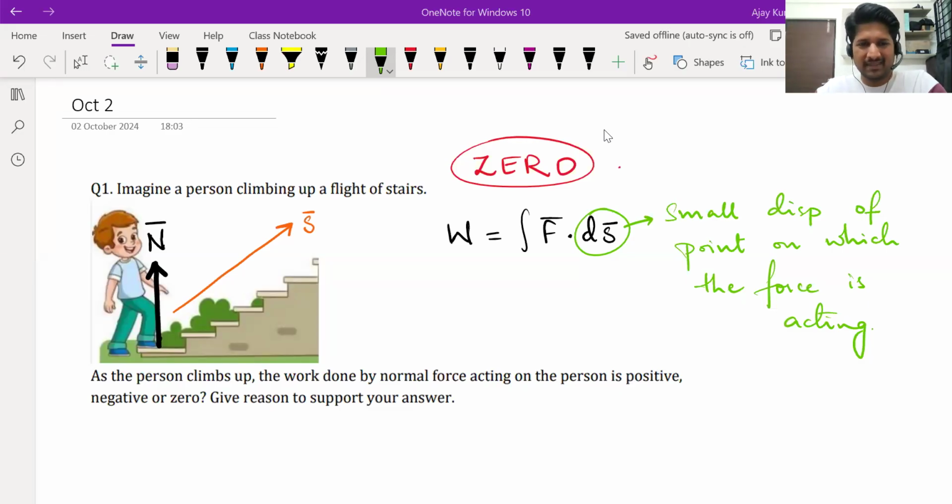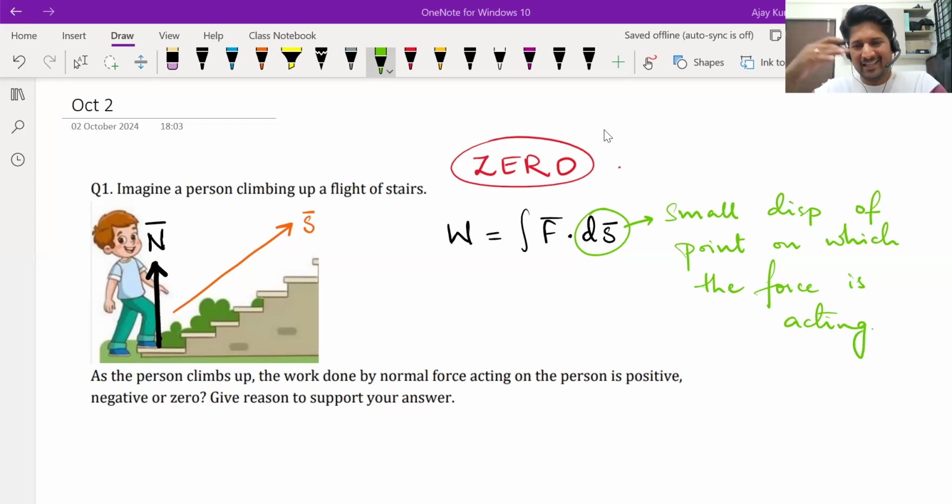On his foot, sir. Okay. When does normal force act on any foot? When that foot is placed on the step. Or do you think normal force will act on the foot when it is in air also? Does that happen? No, sir, definitely not. The foot has to be on the step. Only then normal force acts on it.